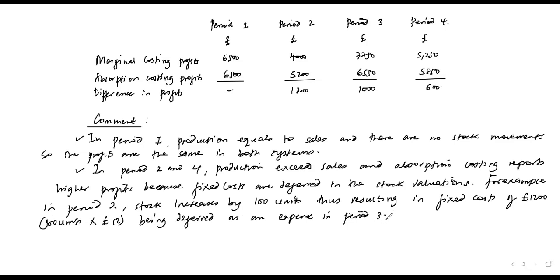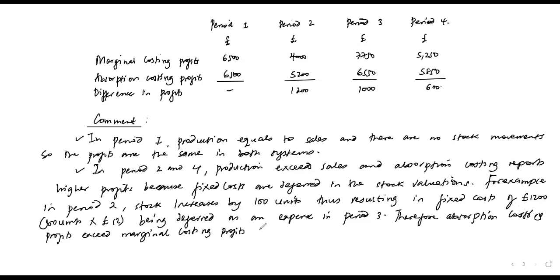That is according to absorption costing. So therefore, absorption costing profits exceed marginal costing profits by 1,200.